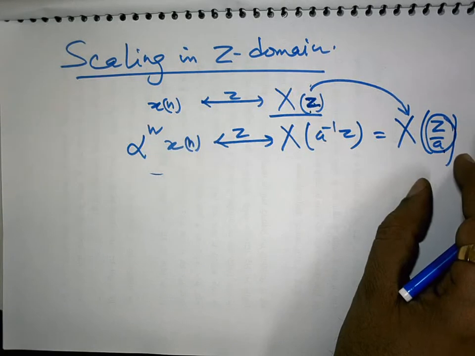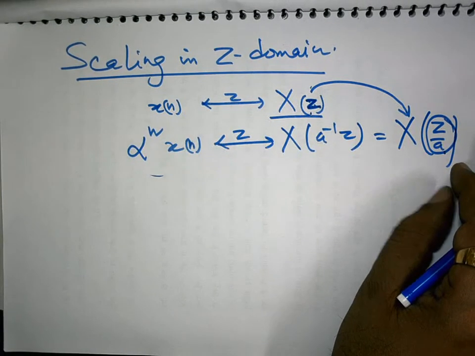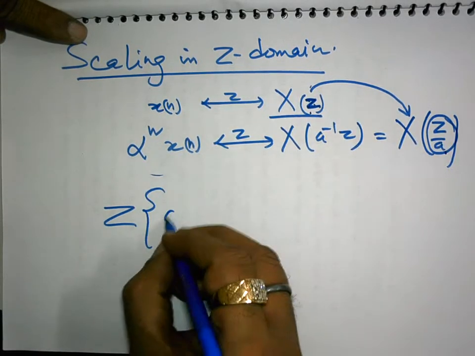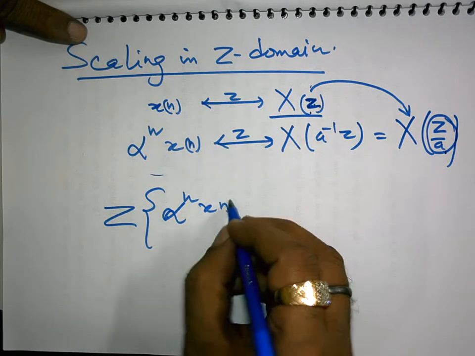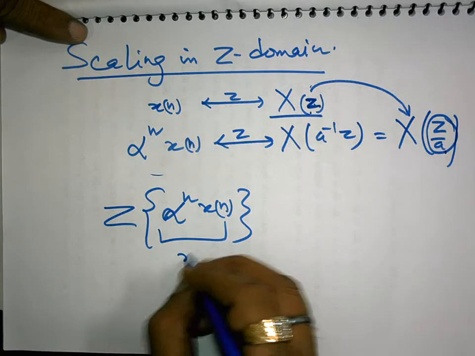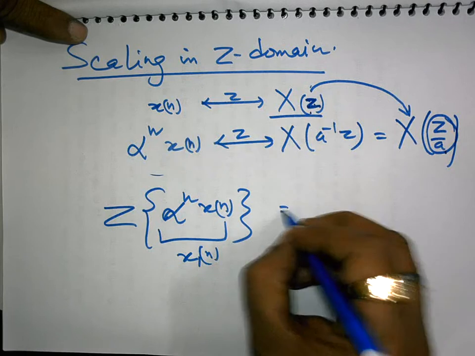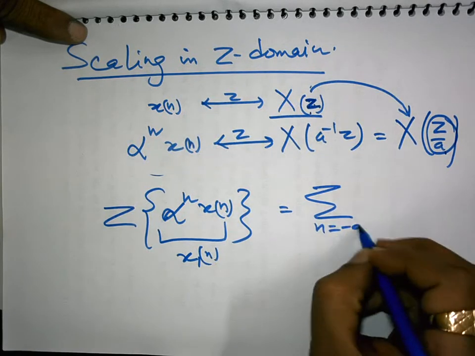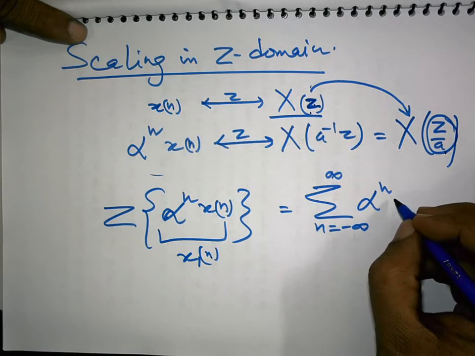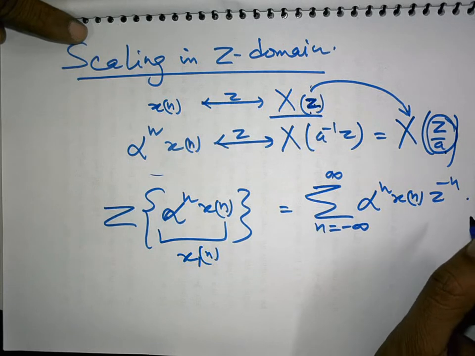You can simply prove this by taking the mathematical expression for evaluating the z transform. So, the z transform of any signal, say alpha to the power n x(n), we suppose this signal to be some signal, say x1(n). This is equal to the summation from n equals minus infinity to infinity of alpha to the power n x(n) z to the power minus n.